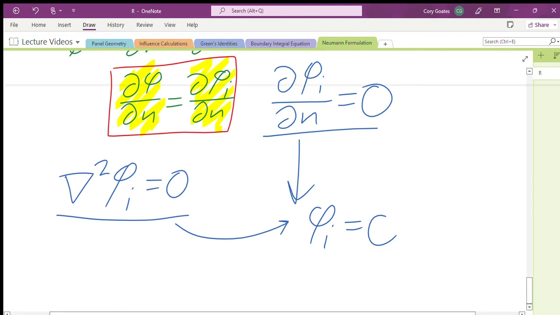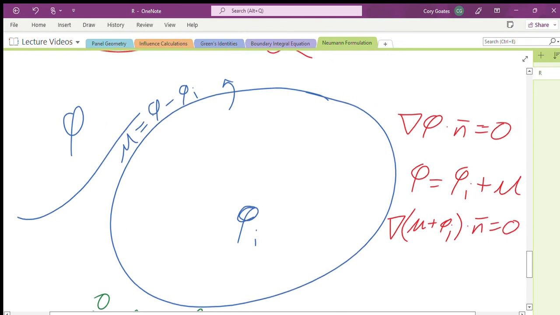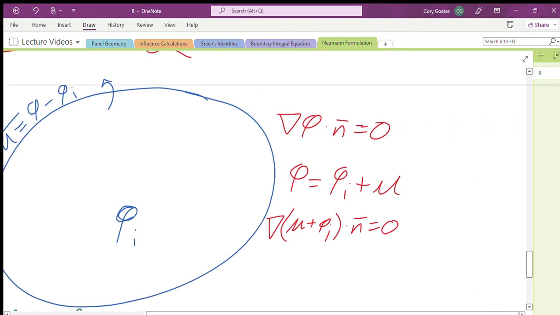Now, if we go back to what we had up here, remember I said that essentially the boundary condition that I'm enforcing is grad of mu plus phi sub I dotted with n is equal to 0.